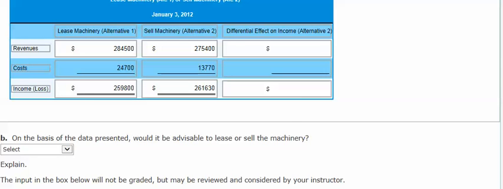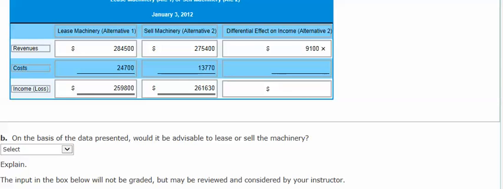My differential revenue, I can find that by simple subtraction, the 284,500 minus 275,400. My differential revenue in the decision is going to be $9,100.